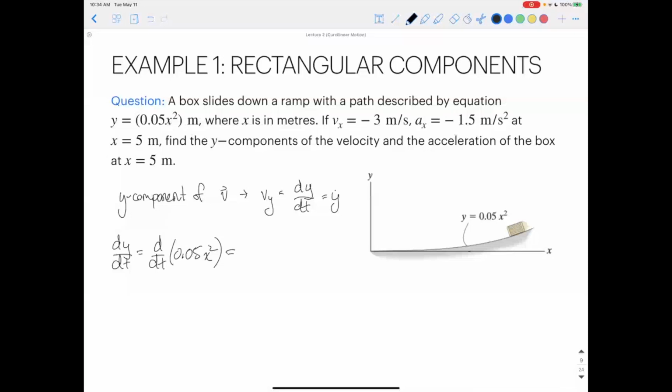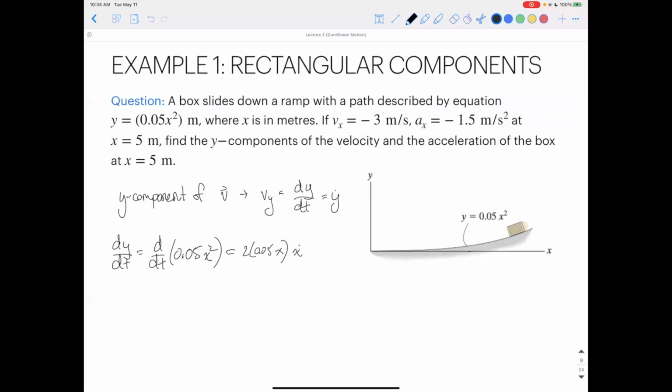So x is a function of time, so we're going to take the derivative of this with respect to time implicitly. We're going to pretend for now x is just a function of time, so we would get 2 times 0.05 x. And then to complete this, we have to write this using the chain rule times dx dt, which is equal to x dot.